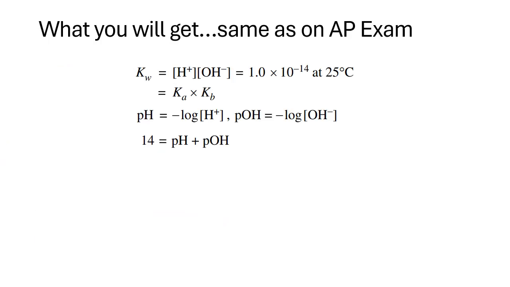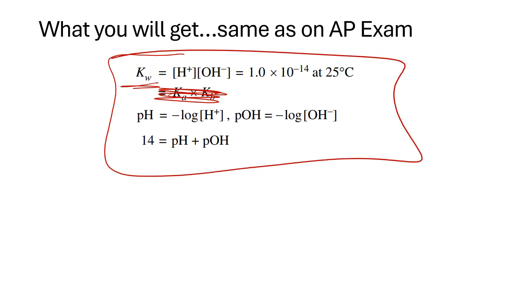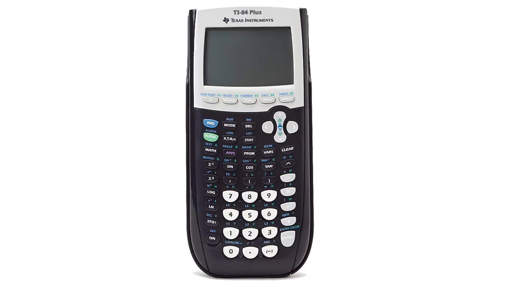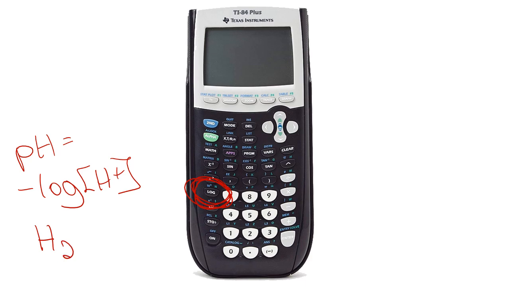Again, I will give you these, Ka times Kb we don't need, Kw, and so here we have the negative log. So pH equals the negative log of the concentration of H plus or H3O plus. Remember, H plus and H3O plus are the same thing.